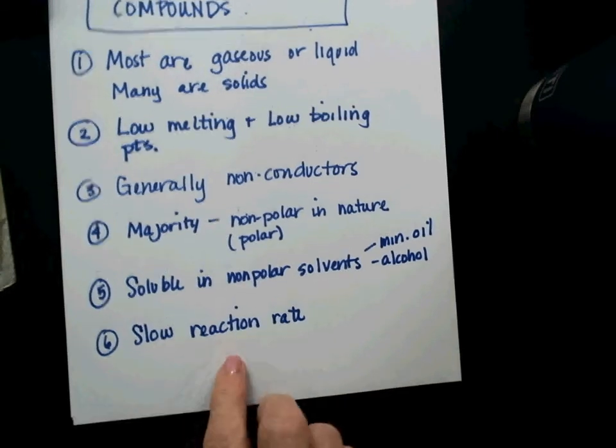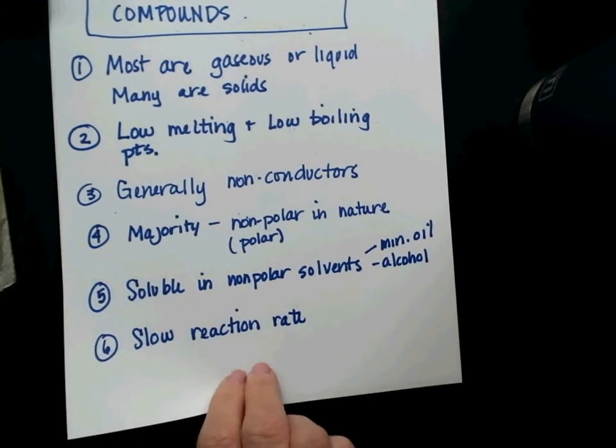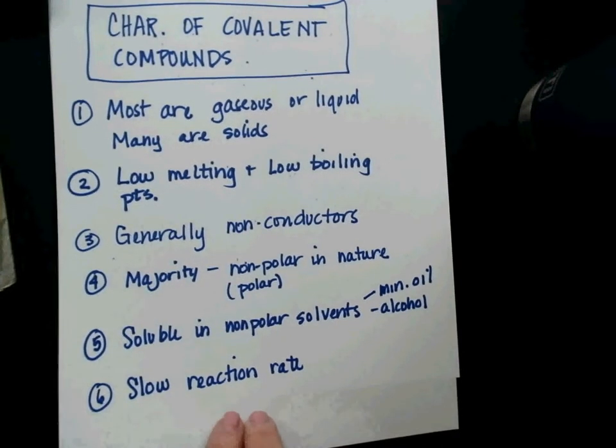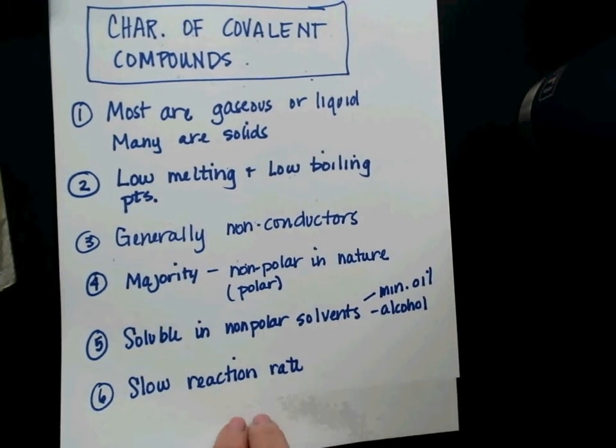All right. So now you should have nice distinguishing characteristics for both covalent and ionic. The last thing I want to do is walk through, step by step, a procedure, because I can't remember if I gave your papers back.